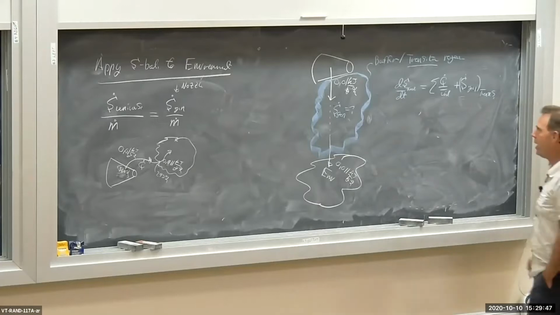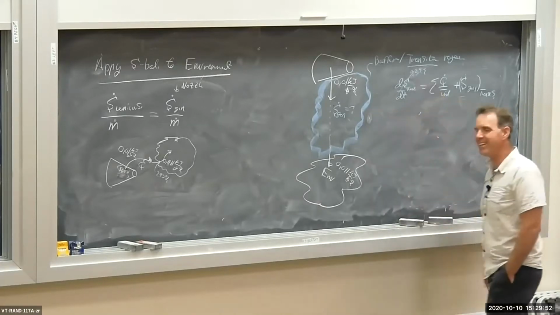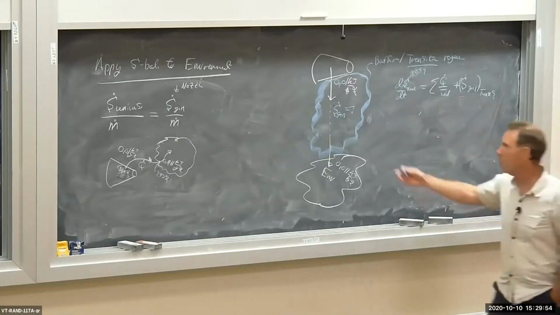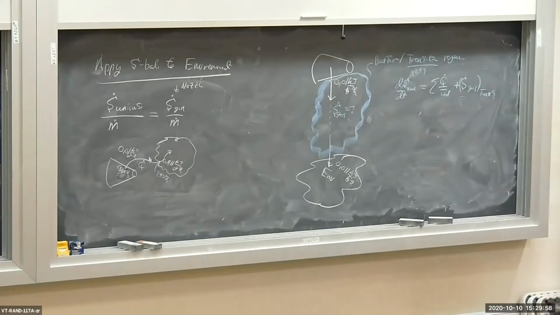This is a steady state problem, so this term goes away. There's no entropy building up in my transition region, so what flows in and what is generated must flow out.